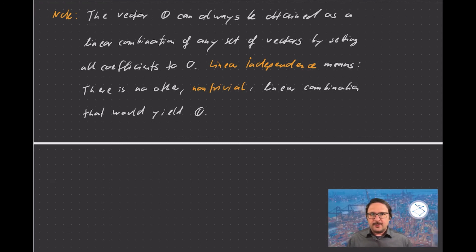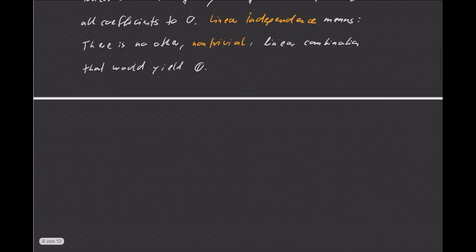So what exactly does that mean in terms of redundancy of vectors? Well, what it means is if vectors are linearly dependent, then there is at least one lambda in that chain that is not 0.